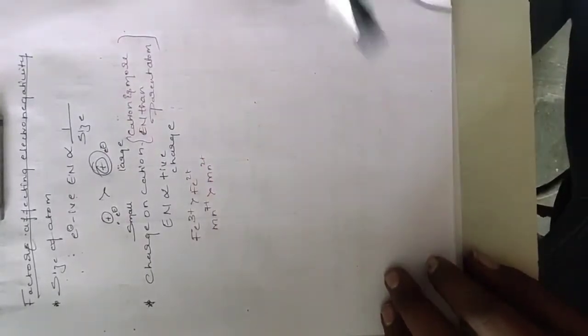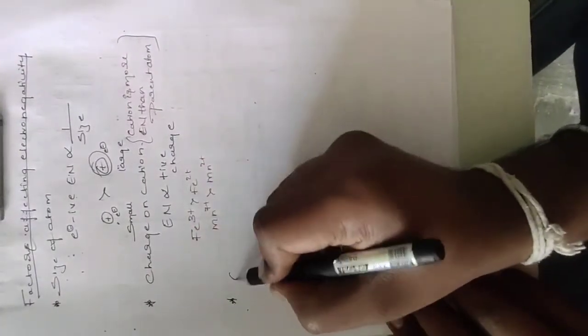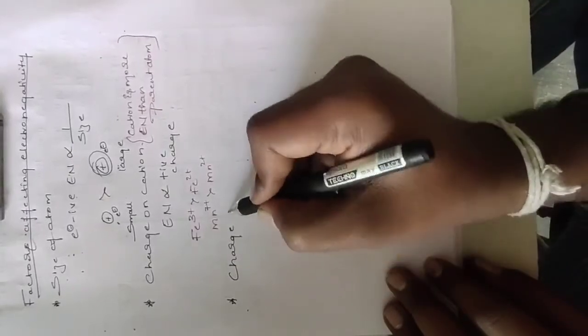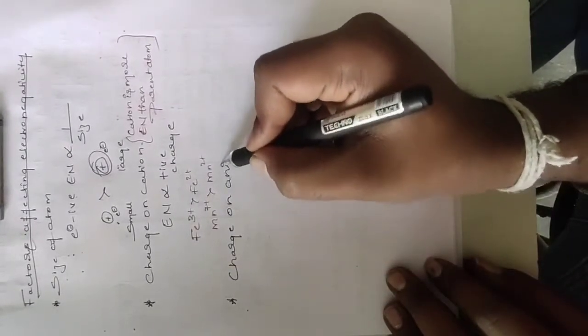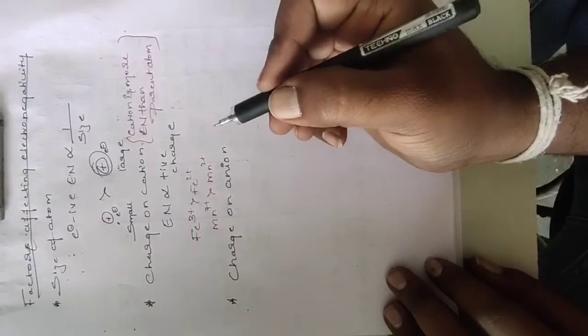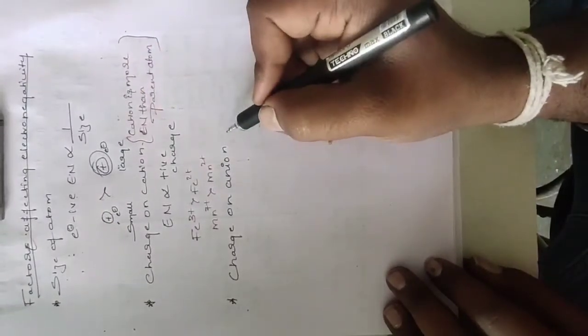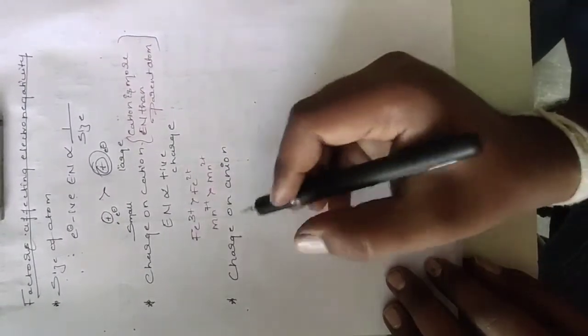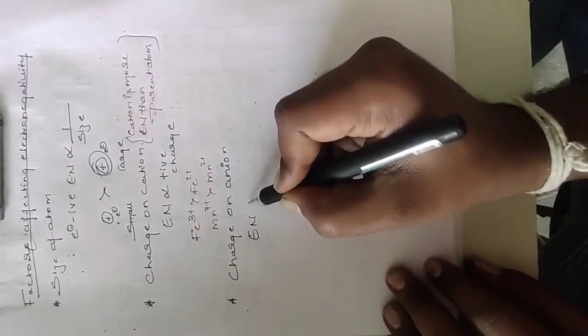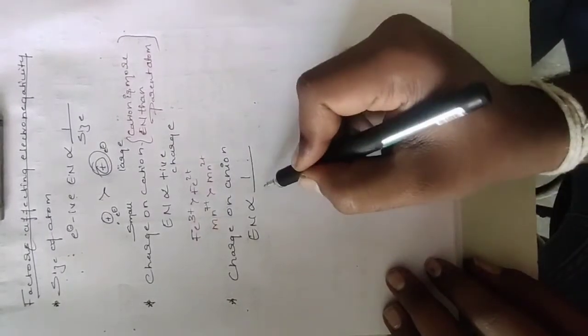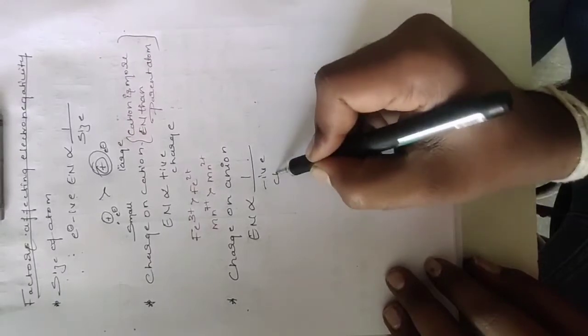Next, the third point, charge on anion. Electronegativity is inversely proportional to negative charge.